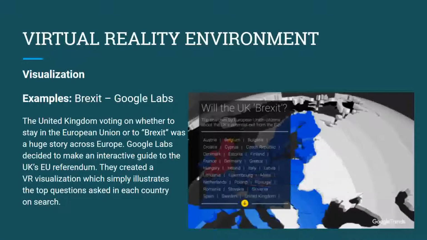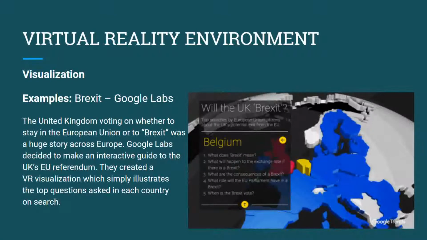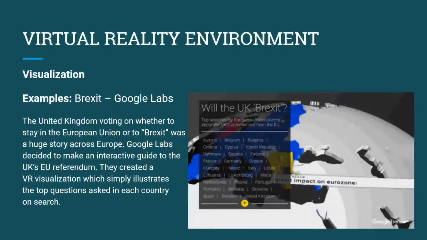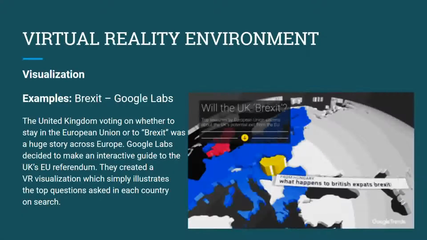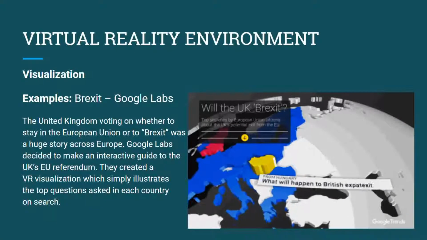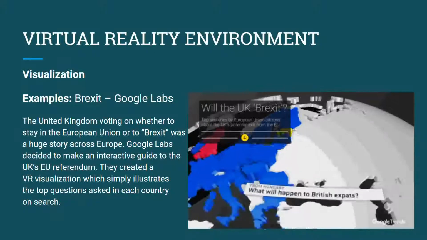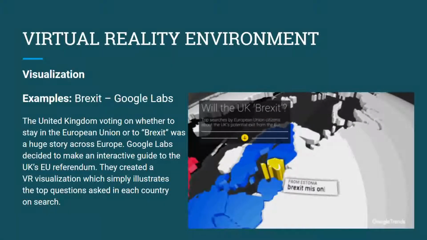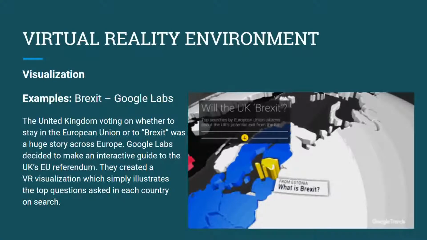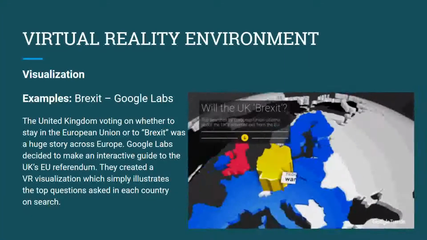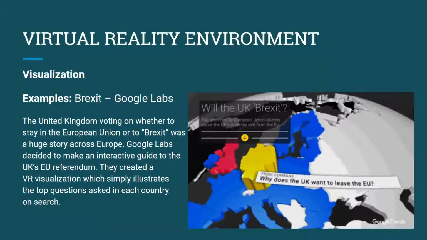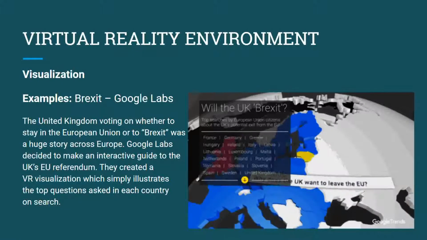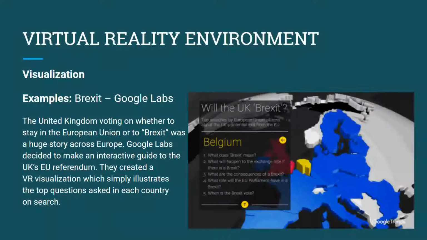What they did is find the most searched question or story country-wise in Europe. It goes to each country and shows it there, firstly in their mother tongue and then converted into English. Like you can see in Germany, it is showing "Why does the UK want to leave the EU" is the most searched topic.